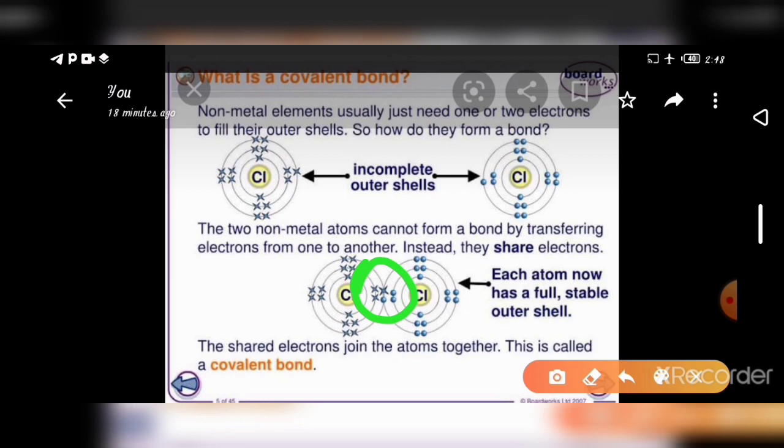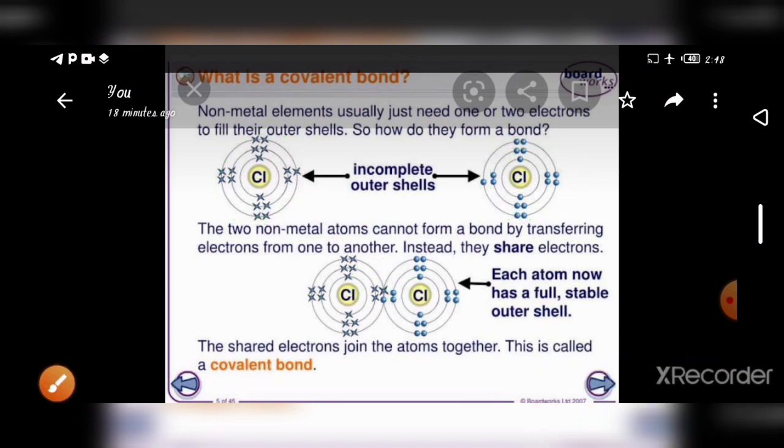The star is the first chlorine's electrons, and the dotted is the second chlorine atom's. So these two combine here, sharing the electrons in the outer cell to form Cl2. The Cl2 molecule is covalent in nature.